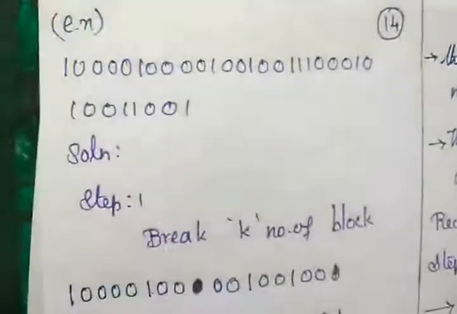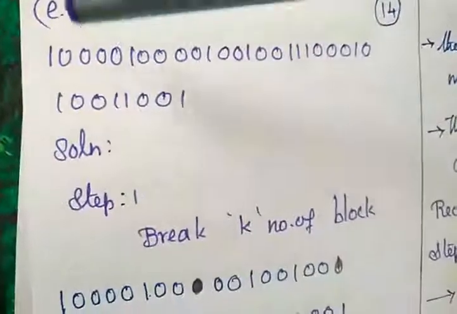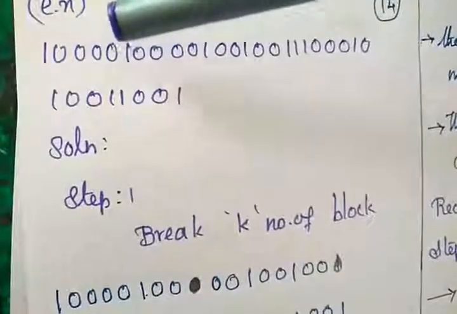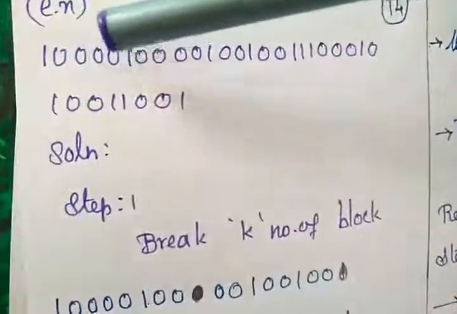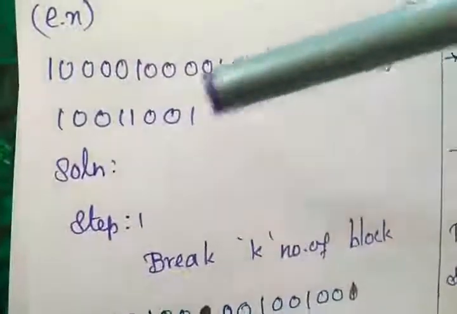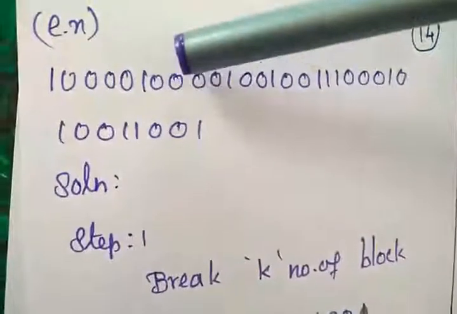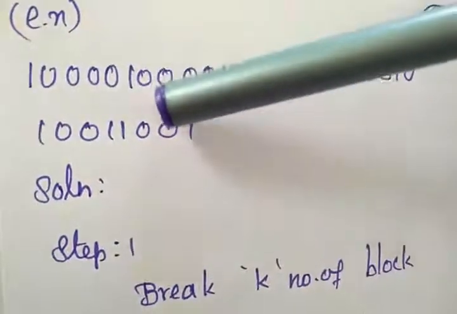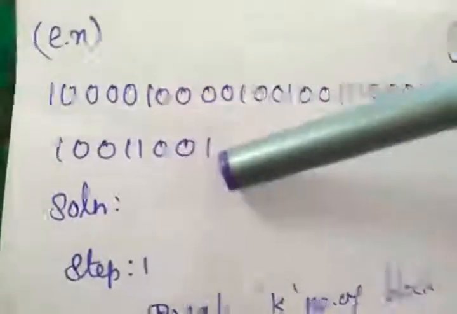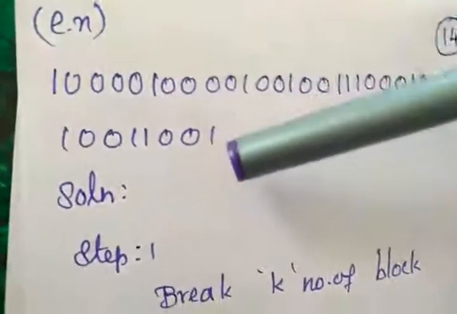Here I'm taking a data of some bit length, 1 0 0 0 0 1 0 and so on. For this data we have to create a checksum by the sender.